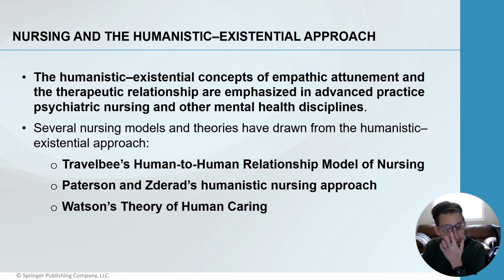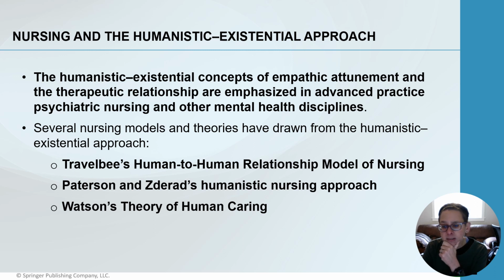So nursing in the humanistic and existential approach, empathetic attunement and the therapeutic relationship are emphasized in advanced practice psych nursing and other mental health disciplines. So several nursing models and theories have drawn from this approach. Watson's theory of human caring, you've probably all heard of.